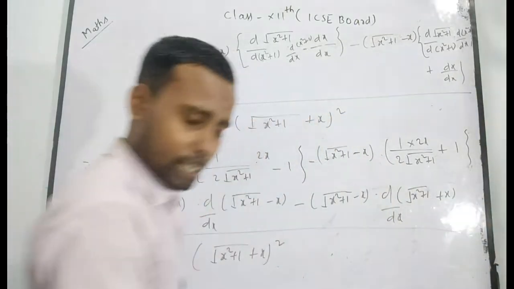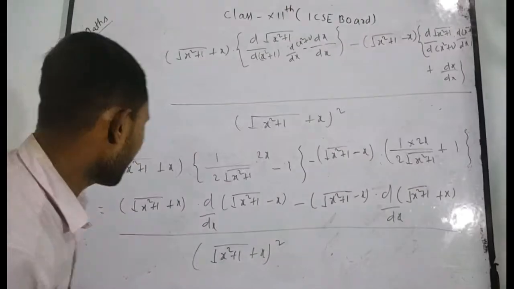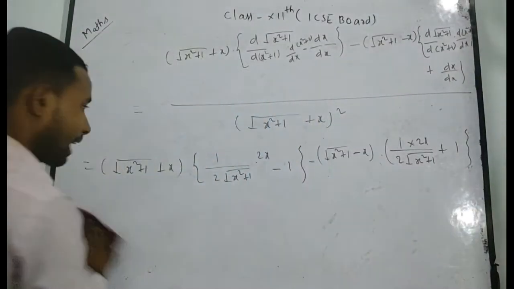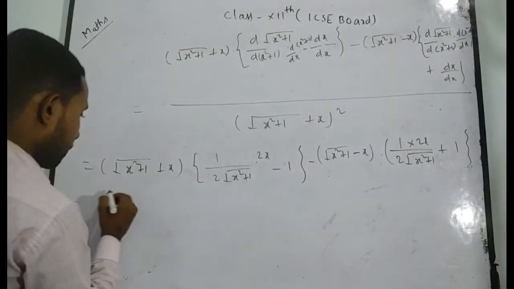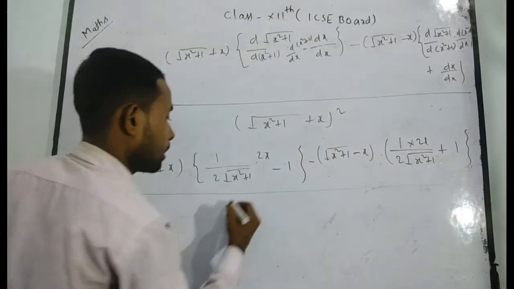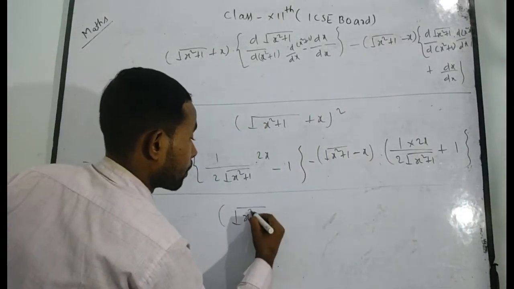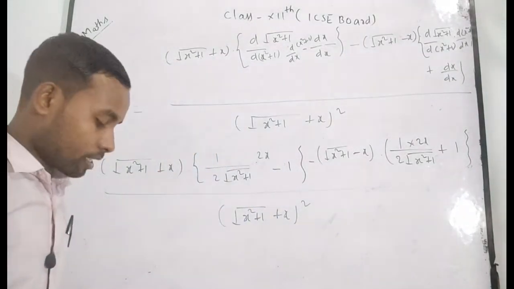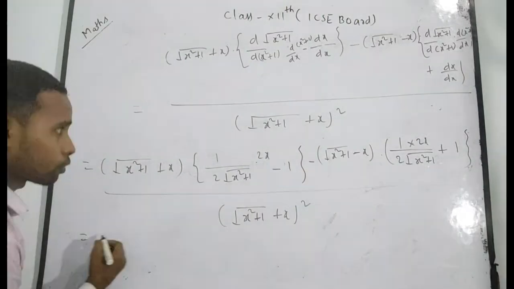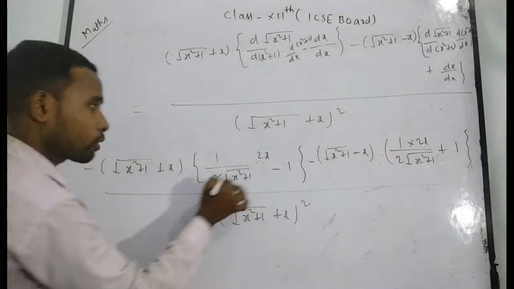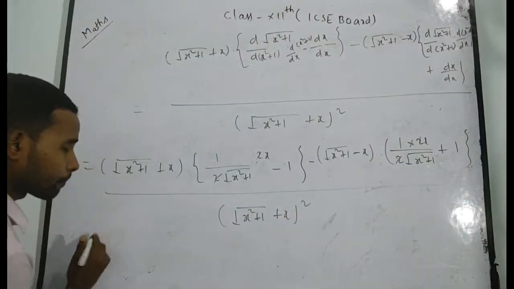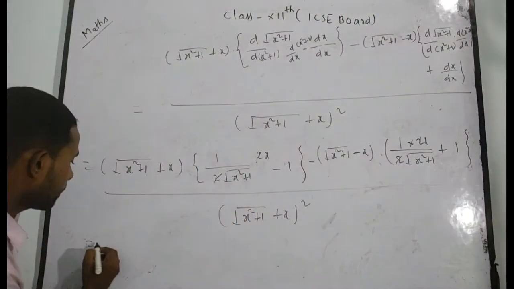I think you understand. And there is also a term in the denominator. So I want to rub this part and write the denominator, which will be root under x square plus 1 plus x whole square. Again, here 2 cancels, again 2 cancels. Now here, is it visible in the below part?